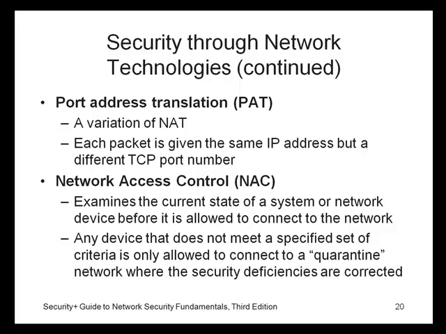And is it patched? Is it up to date with Microsoft patches? If it is, then it will give you an IP address, and typically you use DHCP to control this. It will give you an IP address on the network you're trying to get to. If it fails any of these tests, it puts you into a quarantine subnet until you can meet the requirements to get onto the network.